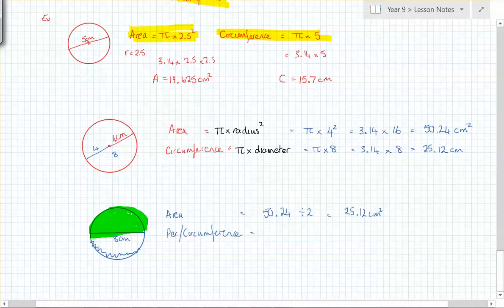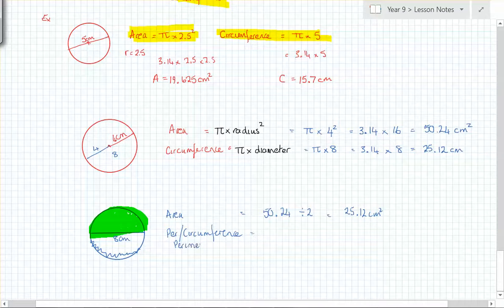Okay, so semicircle makes sense that it's half a circle. So we've got the same circle, but I've only got half of it. So if I take the area of the full circle and divide it by 2, I get the area of the semicircle. However, what about the circumference, or the perimeter, of this semicircle?